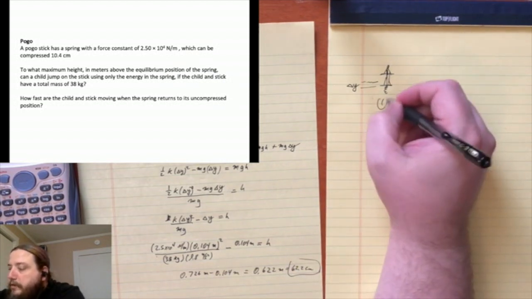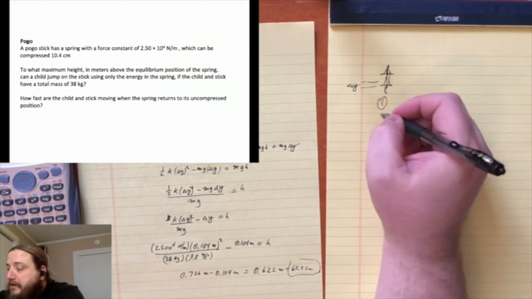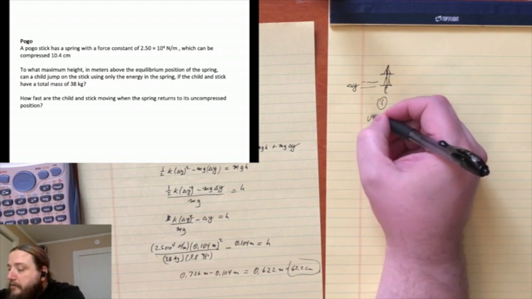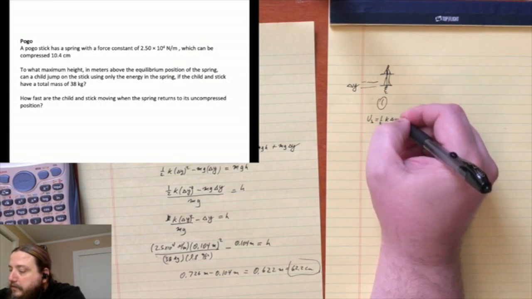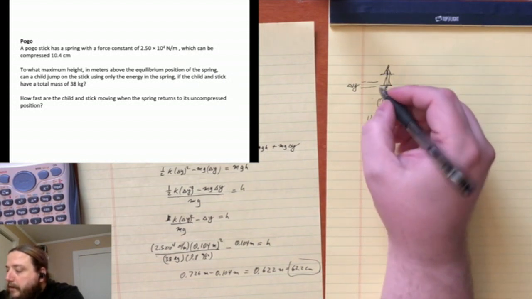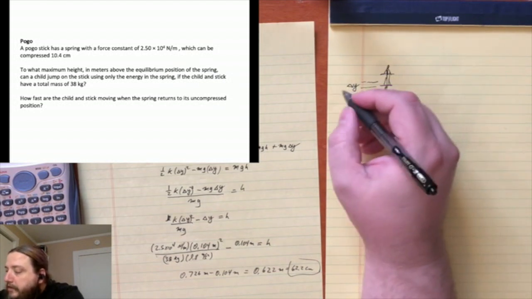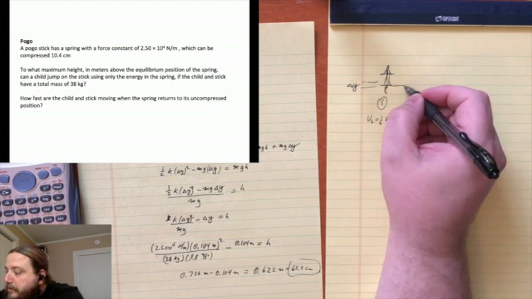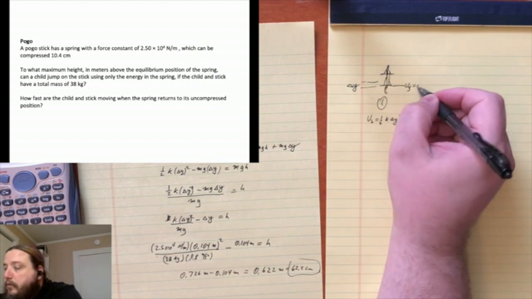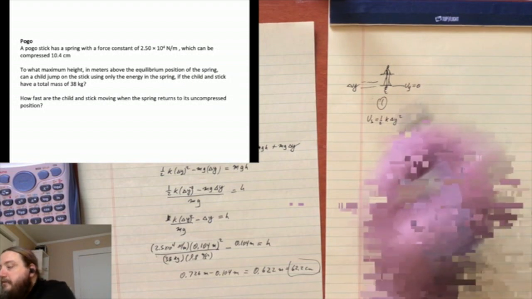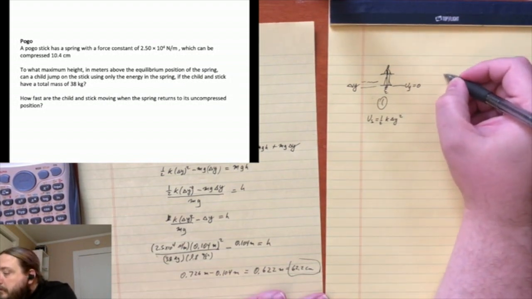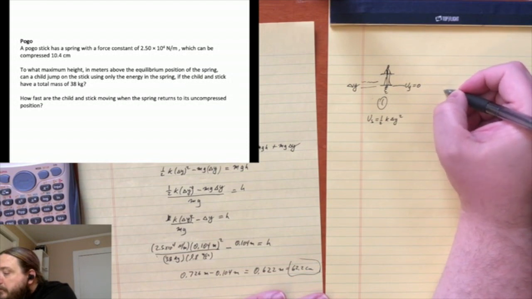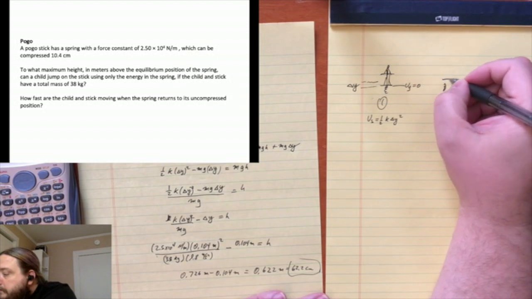That's our moment 1, where all the energy, again, is spring potential energy, 1/2 k delta y squared. And we're defining this point here at the compressed point where the gravitational potential energy is 0. Our moment 2 is when we reach the uncompressed point up here.